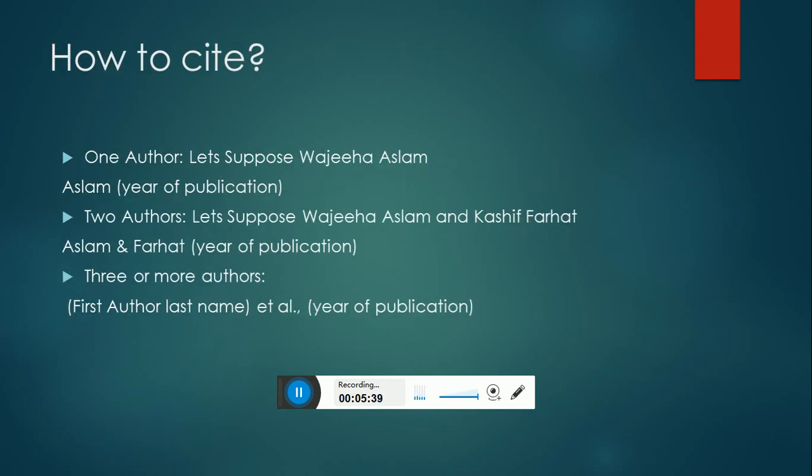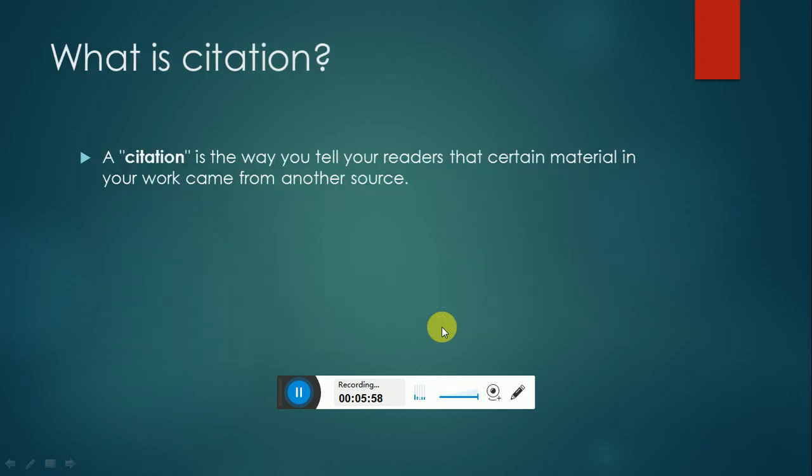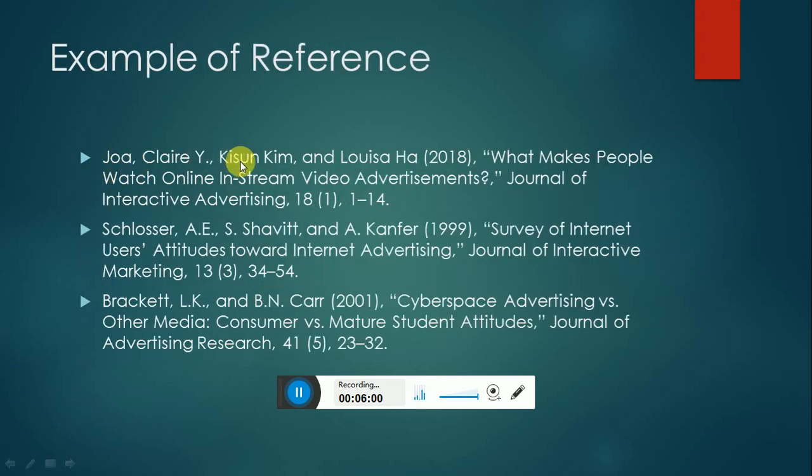So this is the example for two authors. Now if there are three or more authors in the paper, then you have to use the first author's last name and then et al., full stop, comma, and then the year of publication. Let's suppose, in this paper, Joa, Clary, Kisun Kim and Luisa Hai, you can see there are three authors.